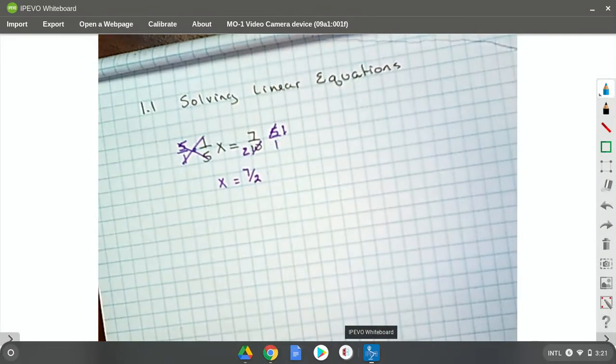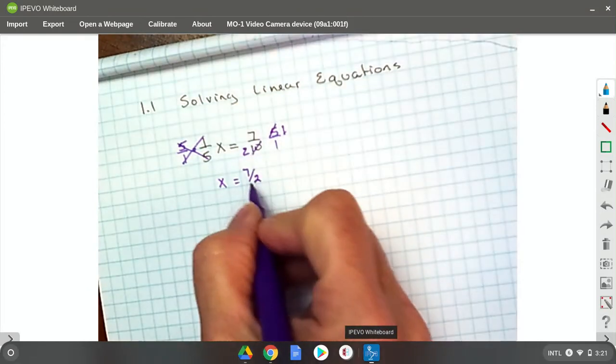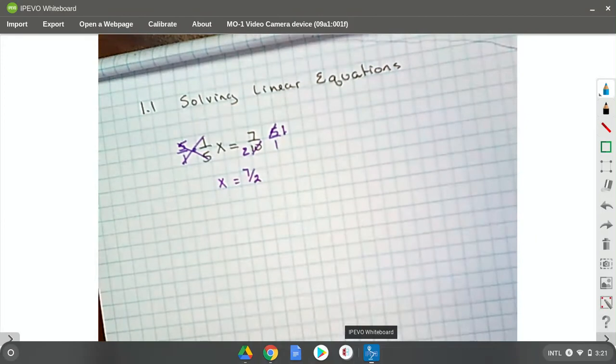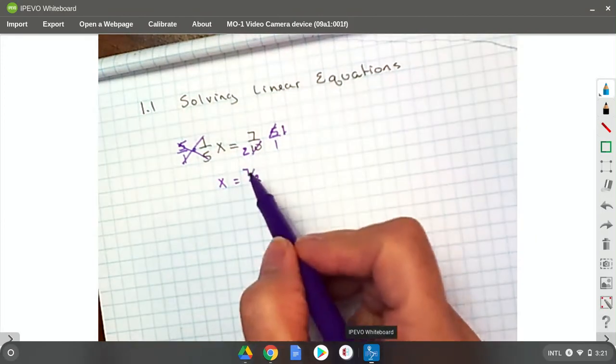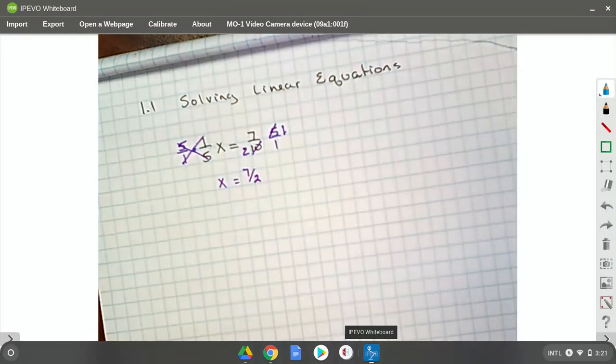Again, guys, leave that alone. It's simplified. It's improper, that's okay. You do not have to change this in any way. There's nothing that's going to go into 7 and 2, there's no common factor. So even though it's an improper fraction, it is simplified. Just leave it alone as that.